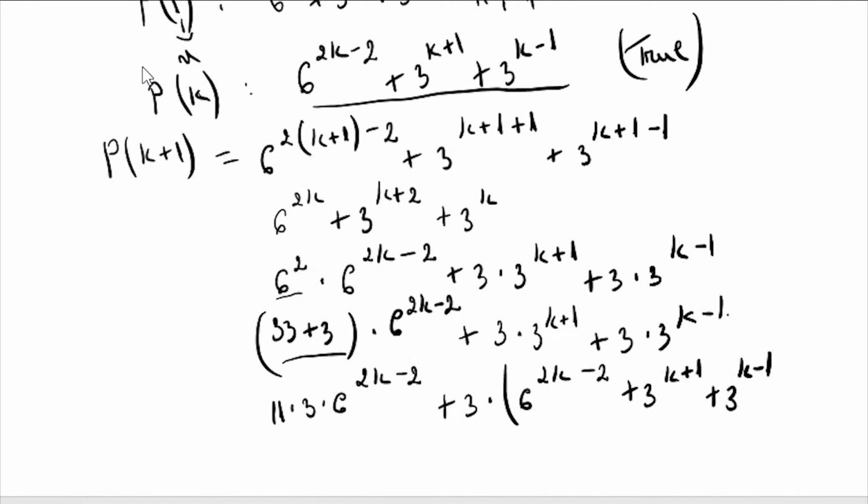So, in here, we have the same number, 6 to the power of 2k minus 2, with this one. Yes? So, this one is true. Yes, we know that it divides this with 11.